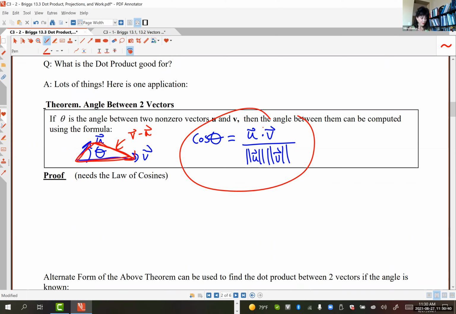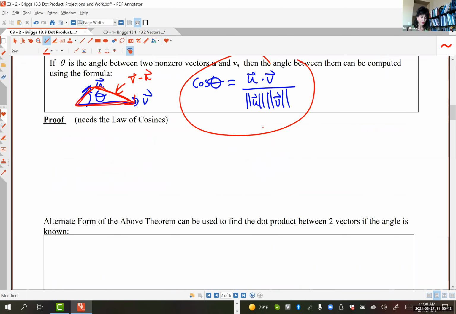Now, this formula is super helpful if you can figure out the dot product and the magnitudes, and they're asking you for the angle between the two vectors. This angle I have here, please don't confuse it with a previous angle from a previous lecture, where I was talking about 2D vectors and the angle that a vector makes with the positive x-axis.